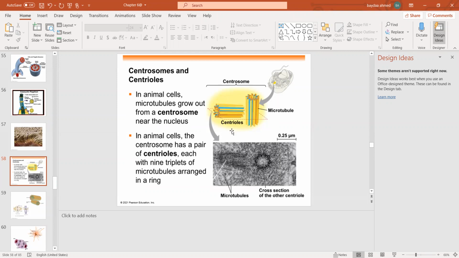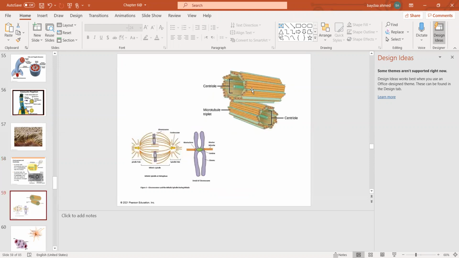This is the centrosome, a condensed region near the nucleus, and within the centrosome we find two centrioles. Each centriole is composed of nine sets of triplet microtubules arranged in a ring.